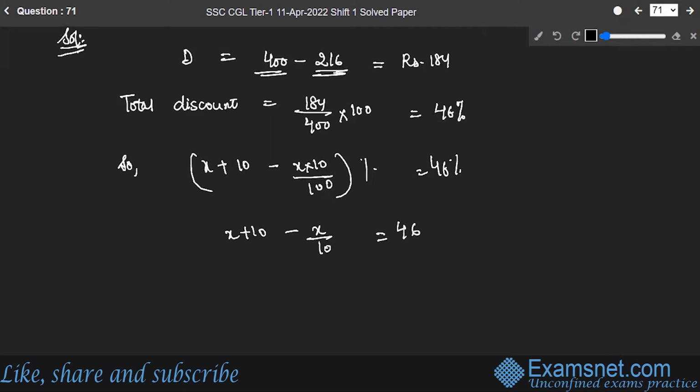This will give you 9X upon 10 is equal to 36. So X will be equal to 40.